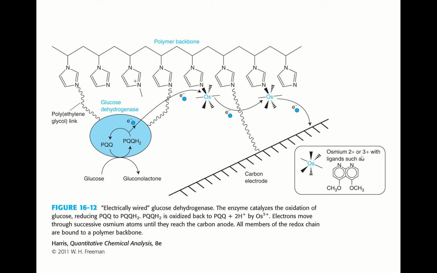When it is in the plus 3 state, it accepts one electron to become plus 2, and then the electrons now go through this backbone of polymer, and eventually these electrons go to the carbon electrode, okay? Although this mechanism looks quite complicated, actually this scheme works really, really well.